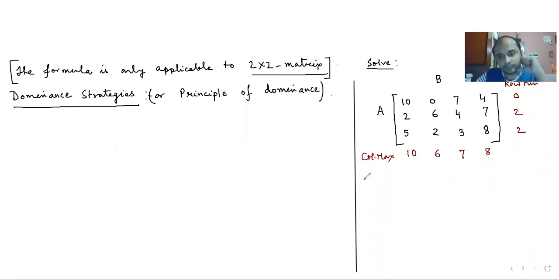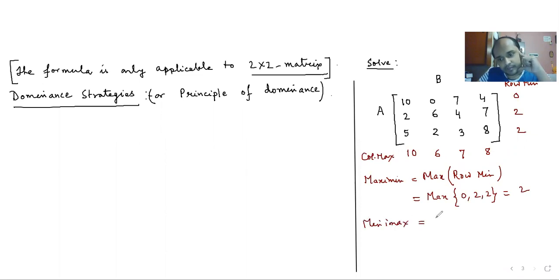Now, maximin will be the max of the row minimums, that is max of 0, 2, 2, which is 2, and minimax is the minimum of the column maximums, so that will be min of 10, 6, 7, 8, and that is 6.